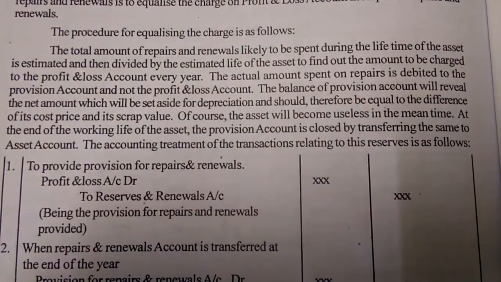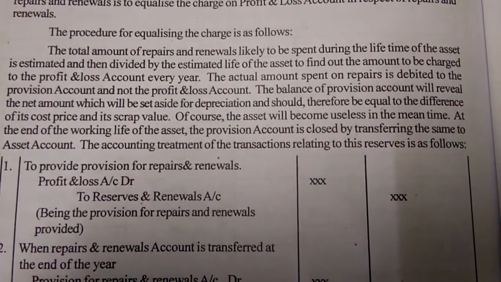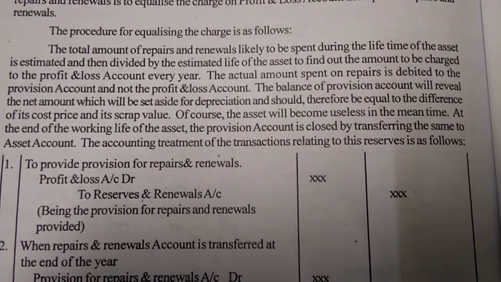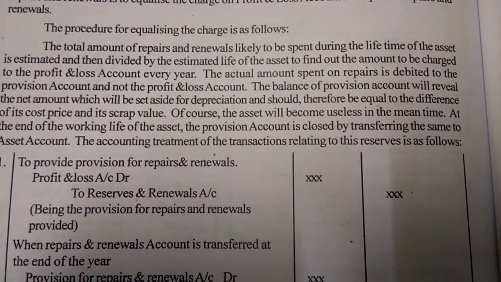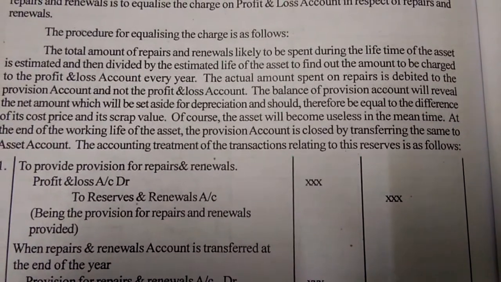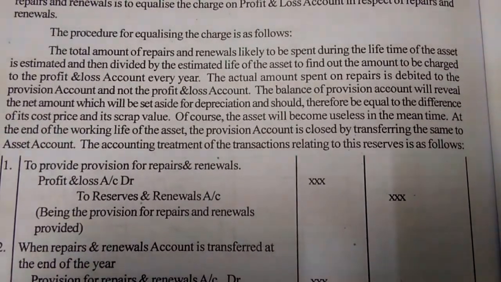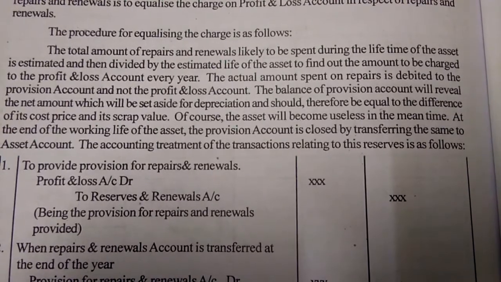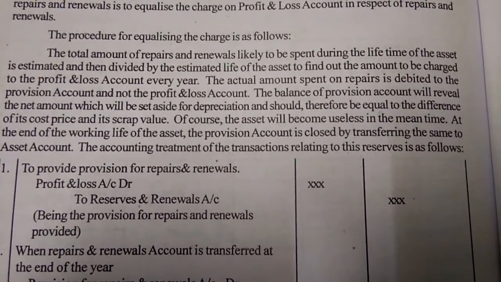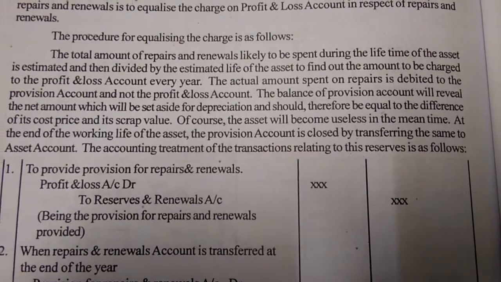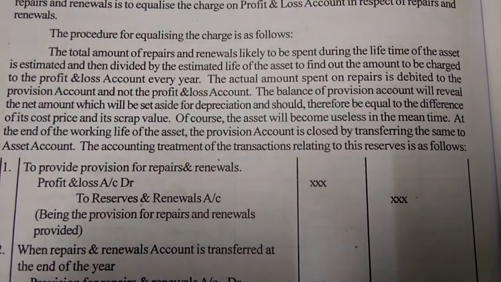The procedure for equalizing the charge is as follows. The total amount of repairs and renewals likely to be spent during the lifetime of the asset is estimated and then divided by the estimated life of the asset to find out the amount to be charged to the profit and loss account every year.